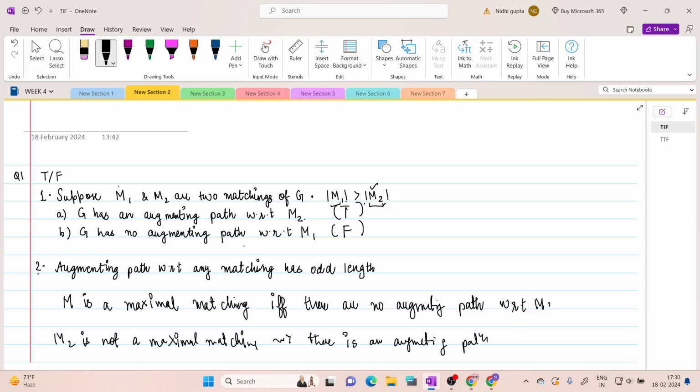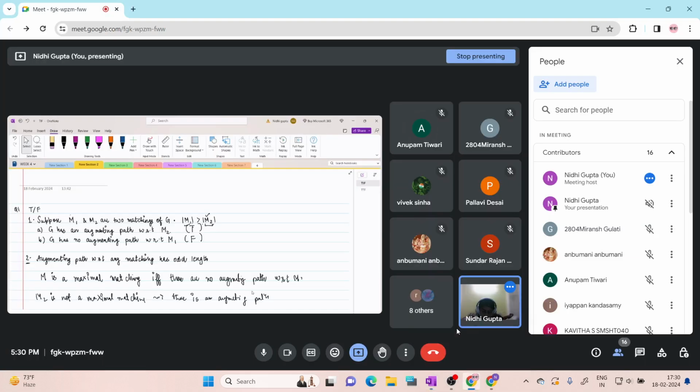Now, the second question is: an augmenting path with respect to any matching has odd length. True or false? True, ma'am. Does everyone think it is true? Everyone think about it. What is an augmenting path?